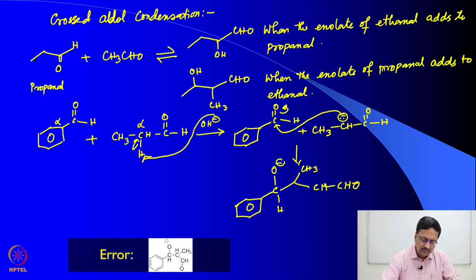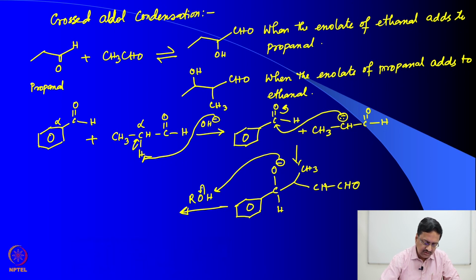And then this intermediate further reacts with alcohol, abstracts the proton from alcohol and forms the beta hydroxy aldehyde. So, this is alpha, this is beta.